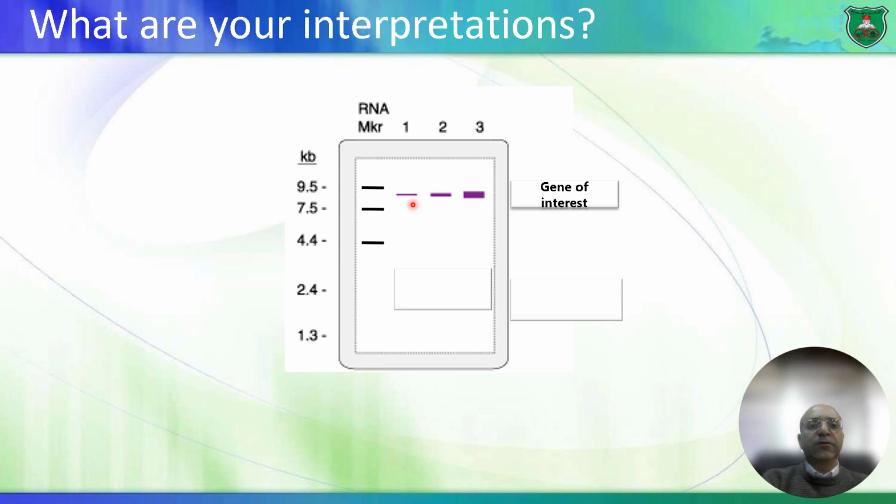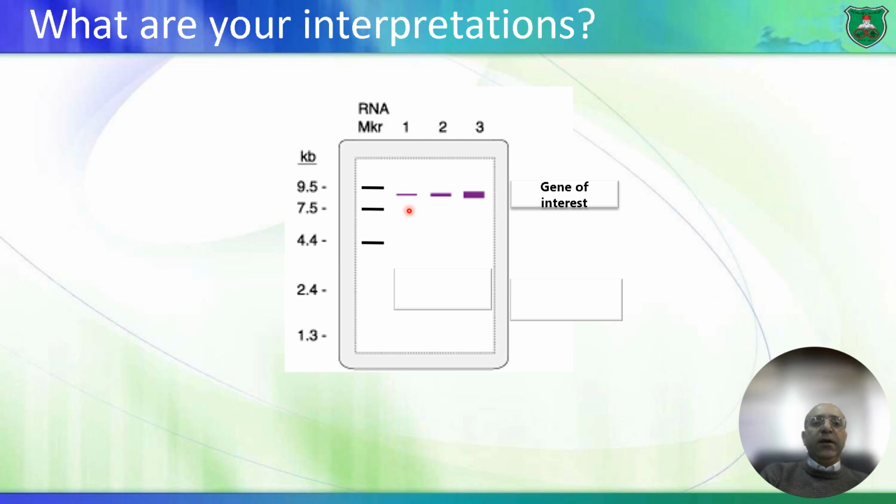Remember, it's single-stranded, so it's not base pairs, it's kilobases. Here there is an increased intensity of the band. You see that number 3 has a more intense band relative to number 4. Number 2 has a more intense band compared to number 1.